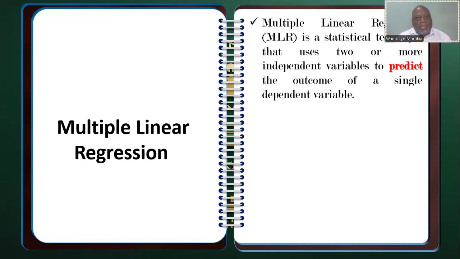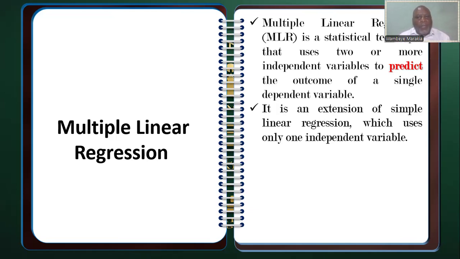This technique uses more than two independent variables to predict the outcome of a single dependent variable. It is an extension of simple linear regression, which uses only one independent variable.